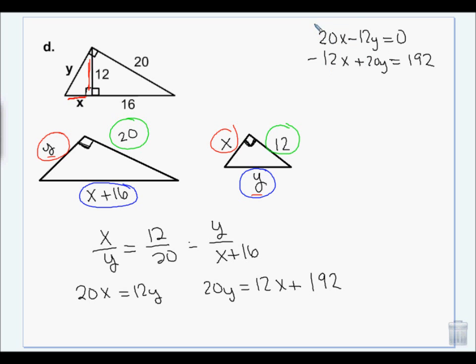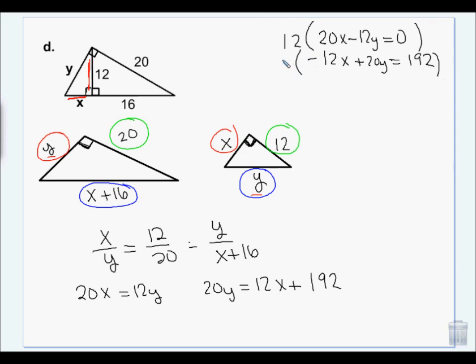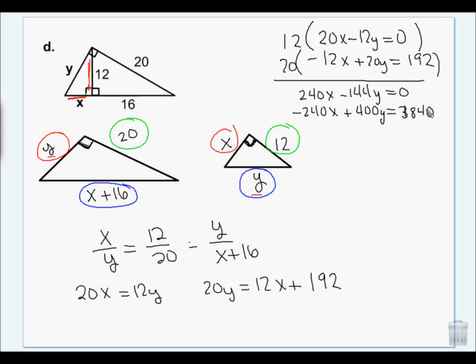Here's why I say it's not solvable, because if I multiply this by, let's say, 12, and this by 20, so that my x's will cancel out. Oh wait, no, that works, okay. 3,840. So these cancel, right?